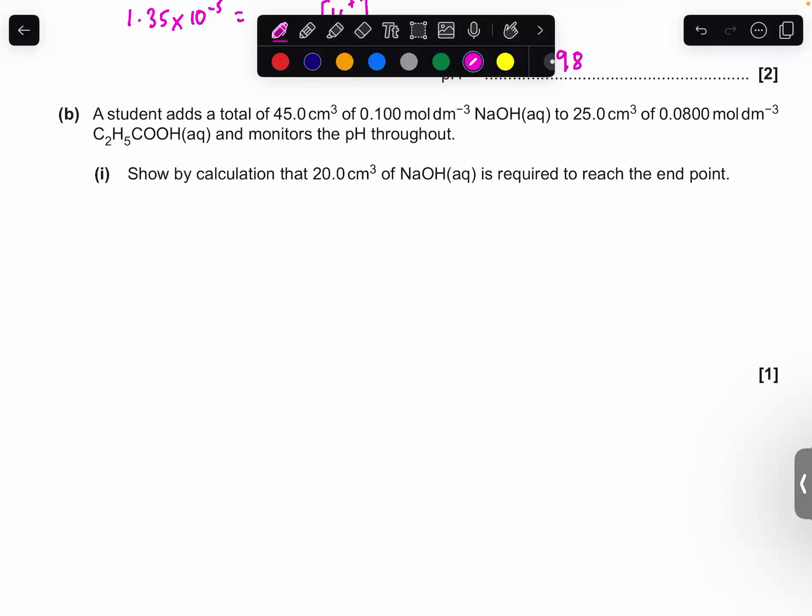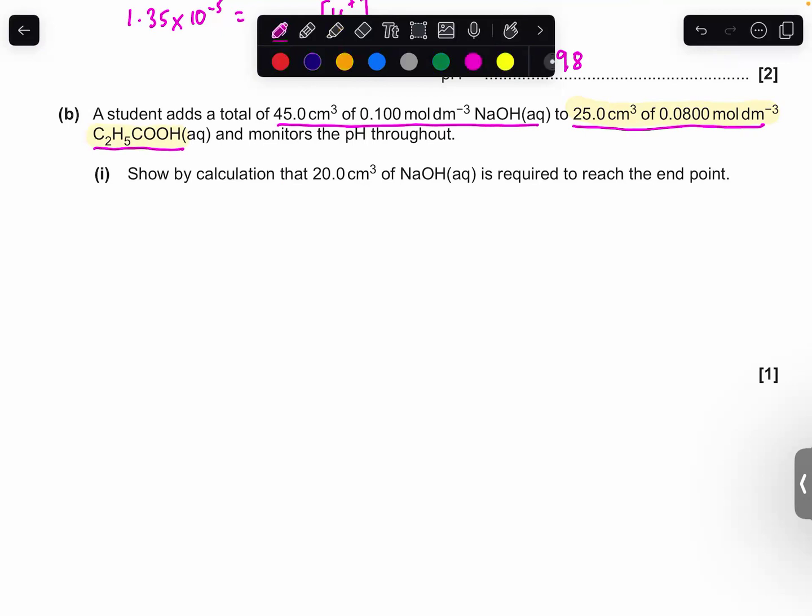It's asking here, a student adds a total of 45 centimeters cubed of sodium hydroxide to this volume and concentration of propanoic acid, and monitors the pH throughout. Show by calculation that 20 centimeters cubed of sodium hydroxide is required.